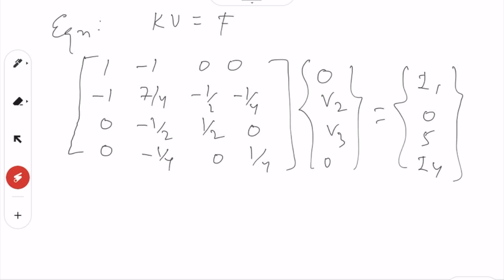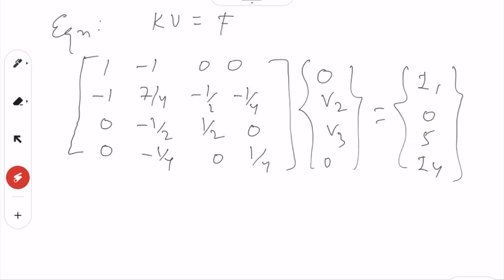This is what it will turn out. You can do it yourself also. 0 multiplied by minus 1 is 0, hence 7/4 multiplied by v2 minus half multiplied by v3 equal to 0. This is the first equation. For the second equation, 0 multiplied by 0 is no use, minus half multiplied by v2, plus half multiplied by v3, 0 multiplied by 0 no use, equal to 5.